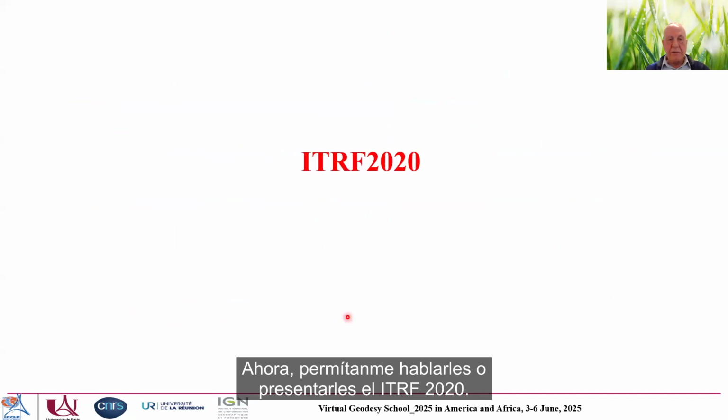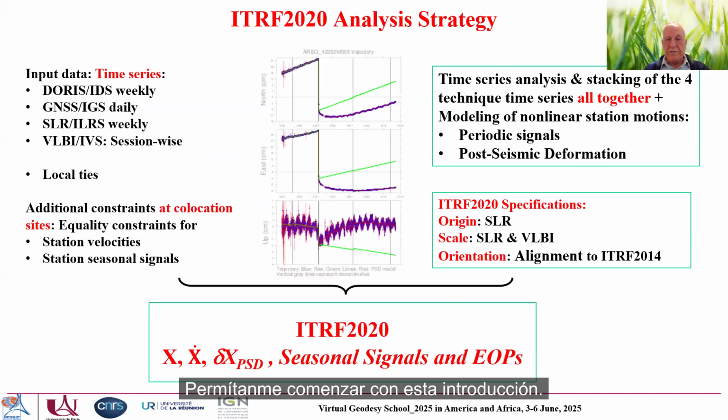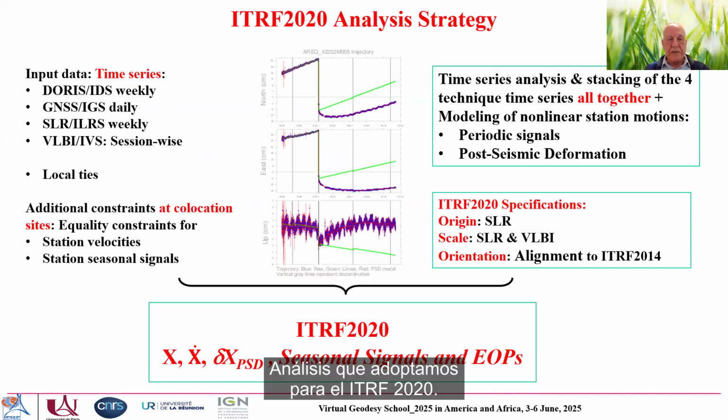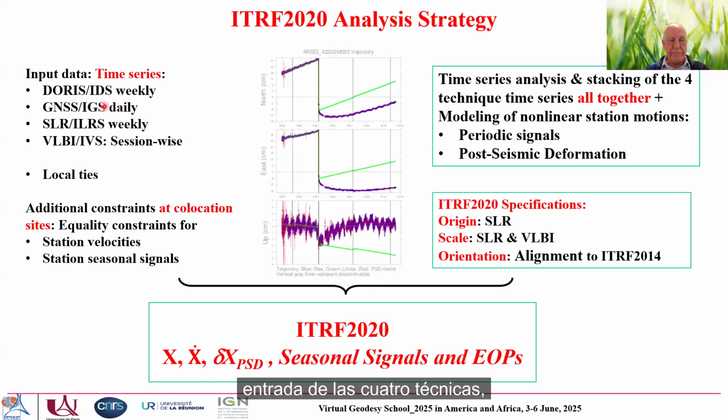Now let me introduce to you the ITRF 2020, and let me start with explaining the strategy of the analysis we adopted for the ITRF 2020. On the left side, we have time series as input data from the 4 techniques, as I already mentioned.